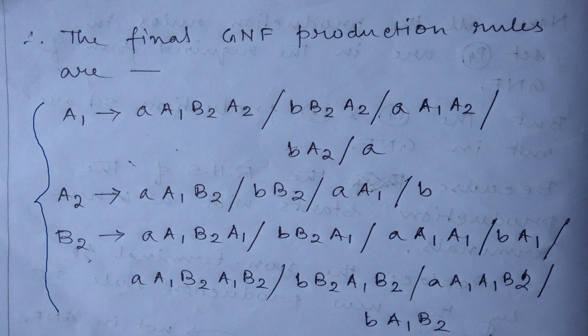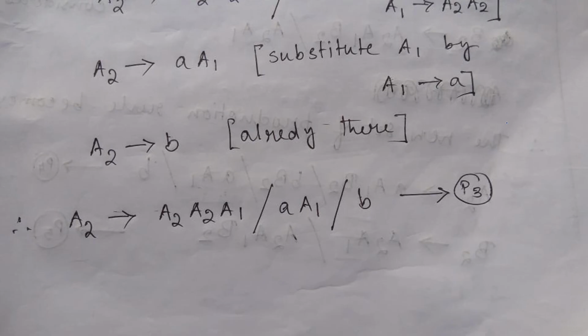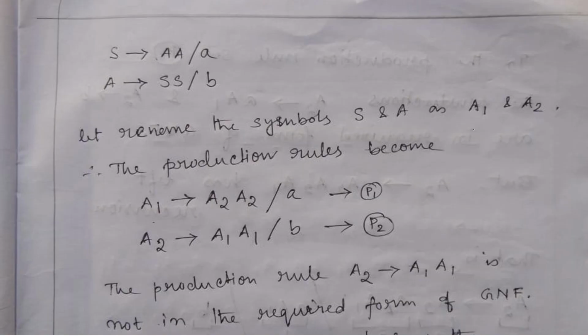But remember one thing: you must check whether the grammar is in CNF or not, because I have started the derivation directly, since this particular grammar is already in CNF, right? That's why I could do this. If it is not in CNF, then you have to convert it to CNF.